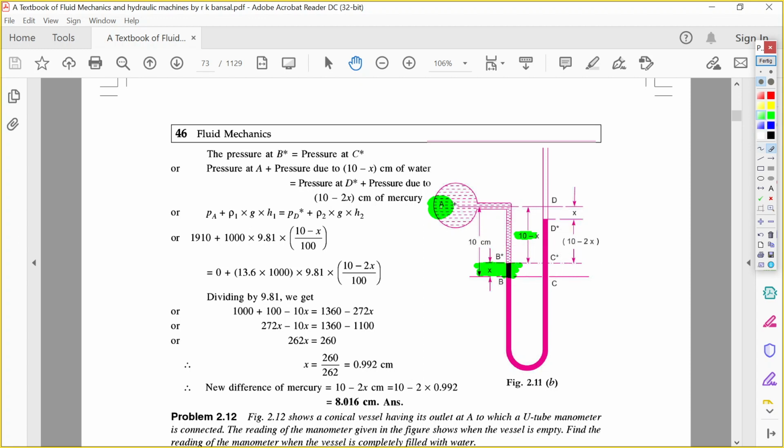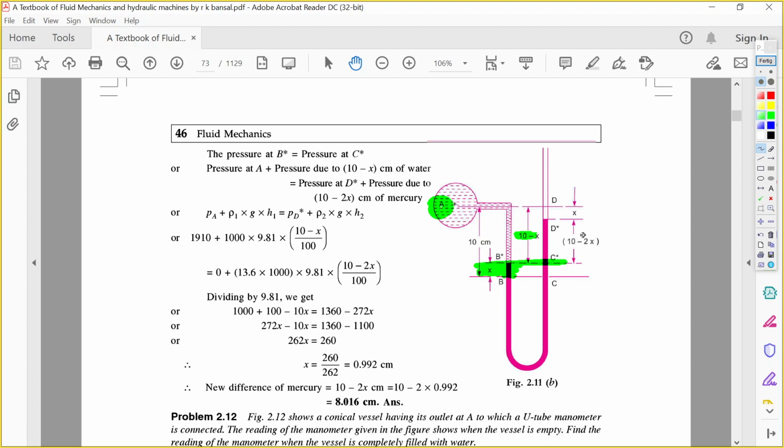New level: this one is the new level. This one is the new B asterisk, and the C asterisk is the new level. From this one to this one is 10 centimeter. So x is manipulated, x is negative here.